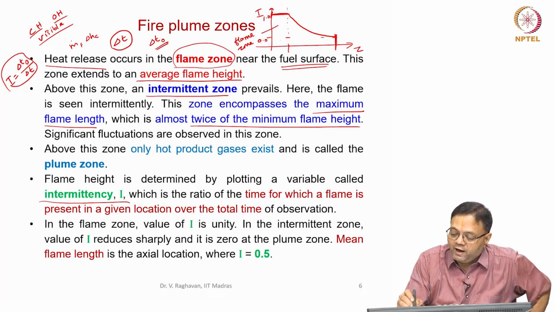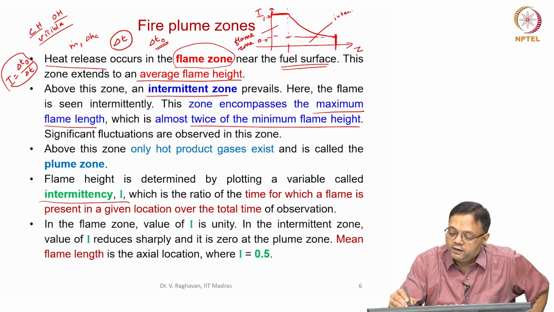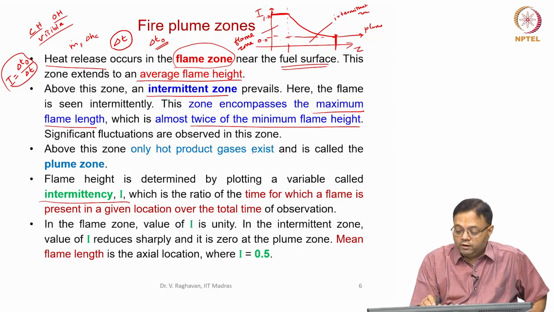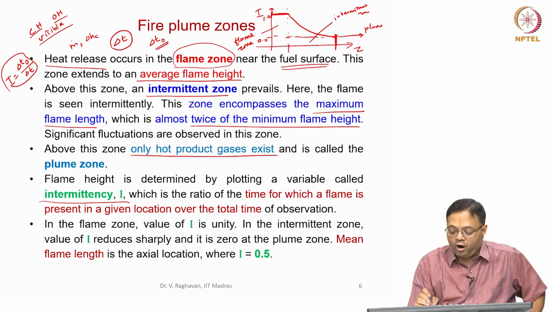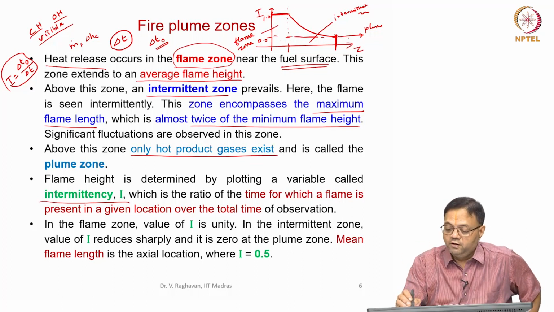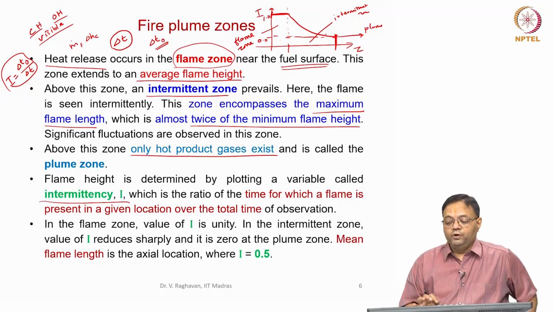So, where intermittency becomes 0, this zone will be the intermittent zone, and after this I will have the plume. So, the plume zone is basically above the intermittent zone, and only hot product gases are present in that zone. Here intermittency is 0.